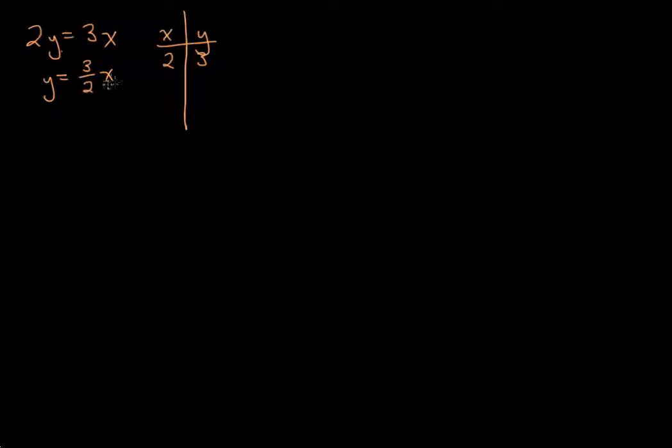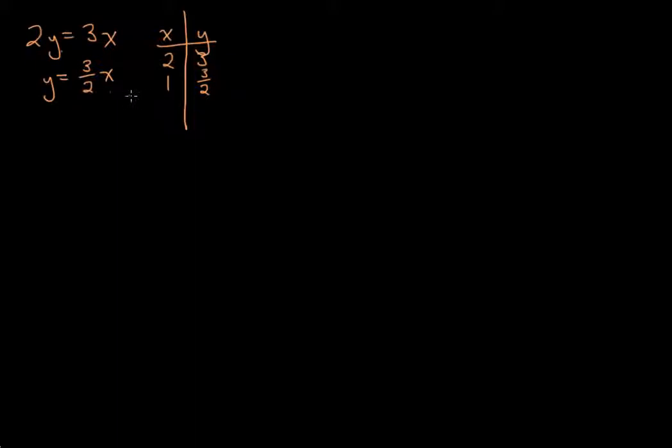Now I can just start plugging in numbers for x, and I get a number for y. Whatever I plug in for x, I just have to multiply that number by 3 halves, and that's what y is. So this is a much easier way to visualize this relationship. So whatever x is, y is 3 halves of that. So if I pick 1 for x, then y is 3 halves.